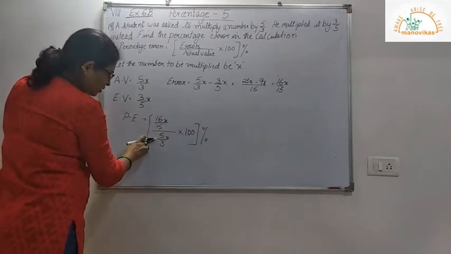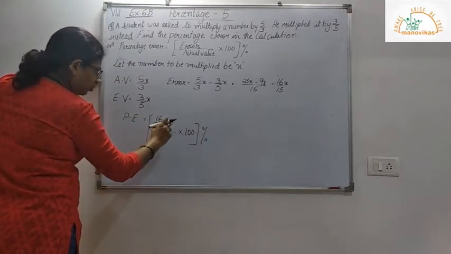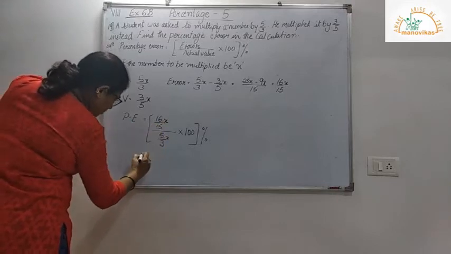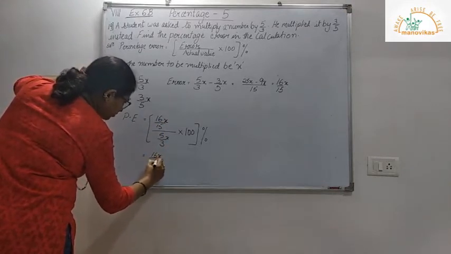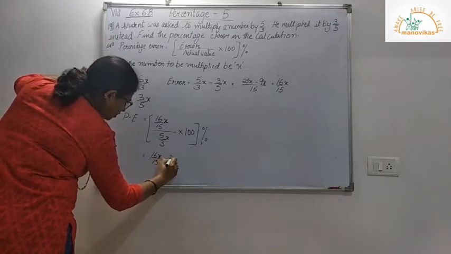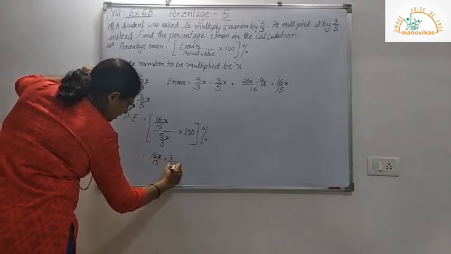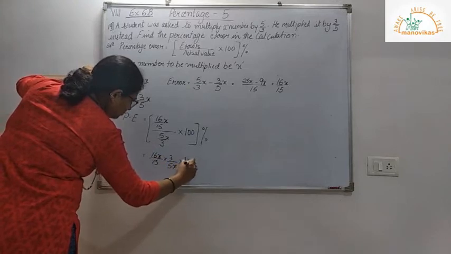So when I get the term to the numerator, it becomes the reciprocal, that is 16x upon 15 into 3 upon 5x into 100%.